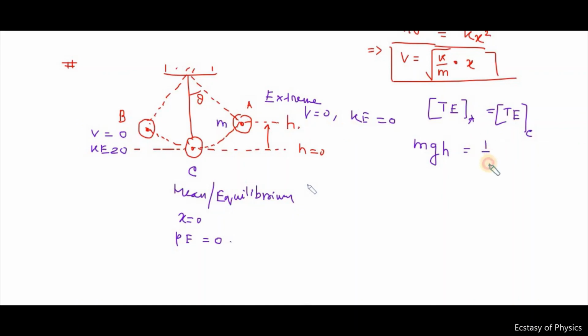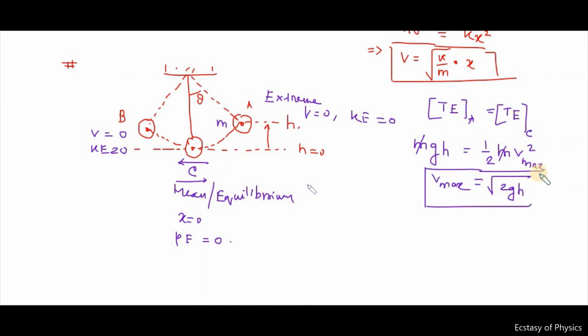Total energy at point c is half m v squared, and here the velocity of the bob, in both directions during its oscillations, is considered the maximum velocity. So after solving that, you get the expression of the maximum velocity: square root of 2 g h. That's the maximum velocity here.